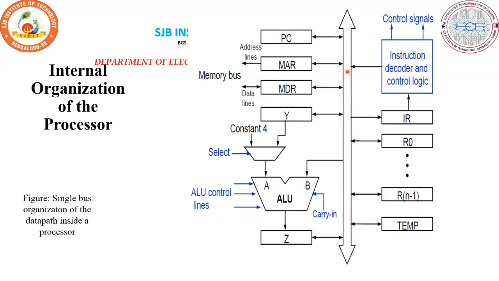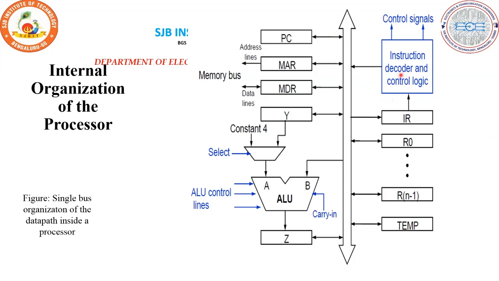The control lines of the memory bus are connected to the instruction decoder and control logic block, which is connected to the external processor bus here.